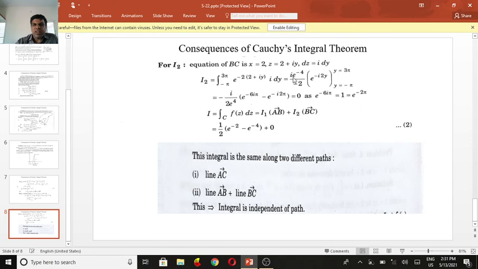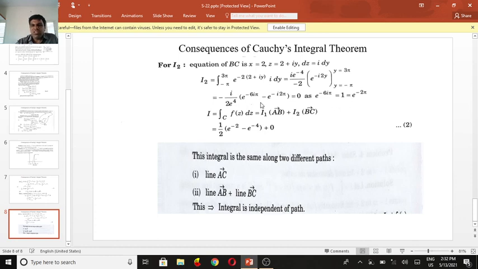This is i times e^(-4) times e^(-2iy) divided by minus 2i, where y varies from minus π to 3π. Substituting the values, we get e^(-6πi) minus e^(2πi). Here e^(6πi) is equal to 1 and e^(-2πi) is 1.